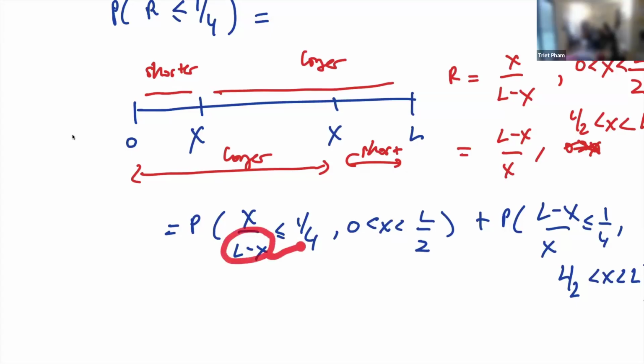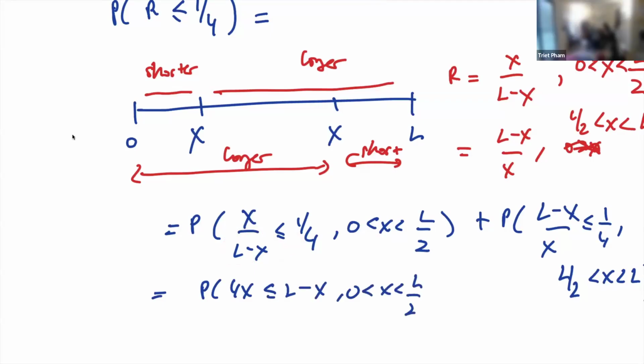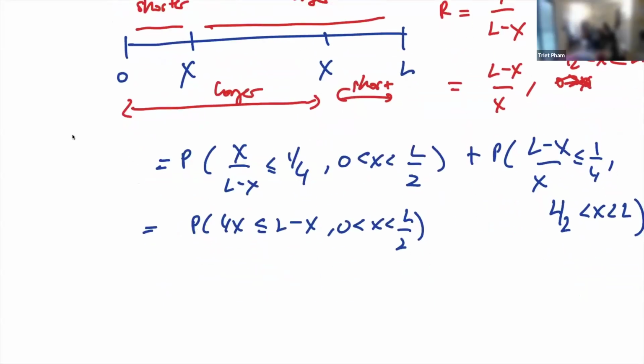A natural thing to do is to multiply, right? Correct? And then the other one, same thing. Correct?